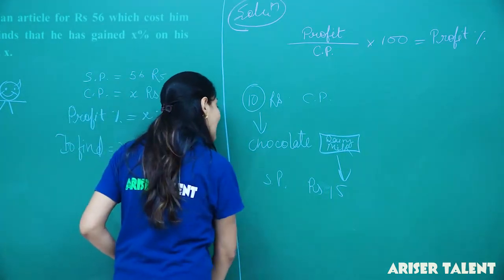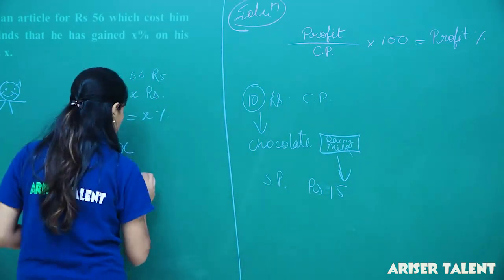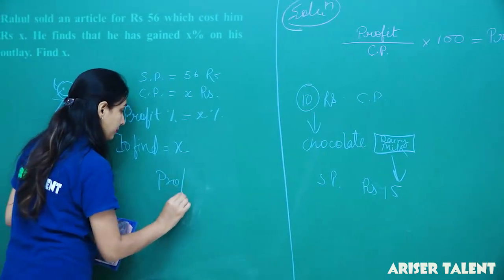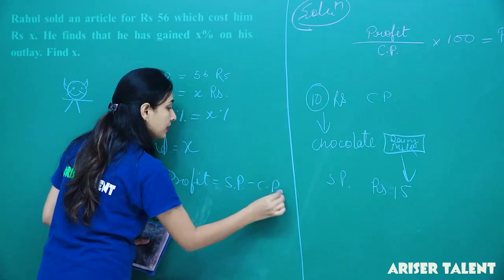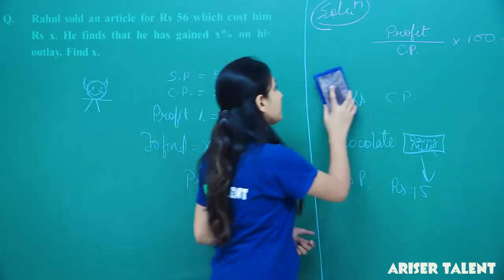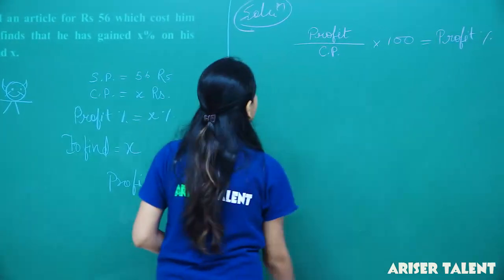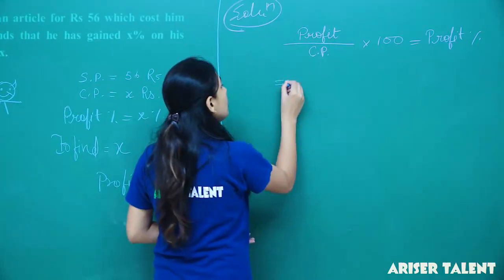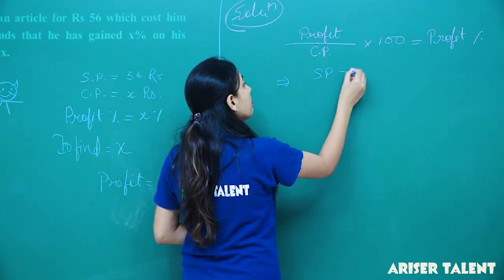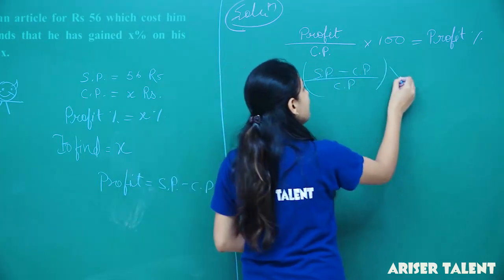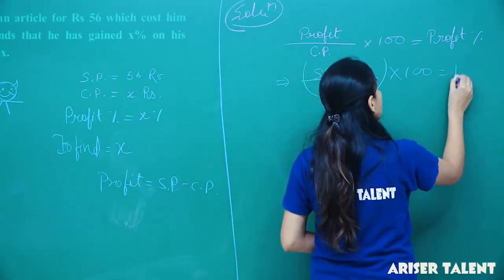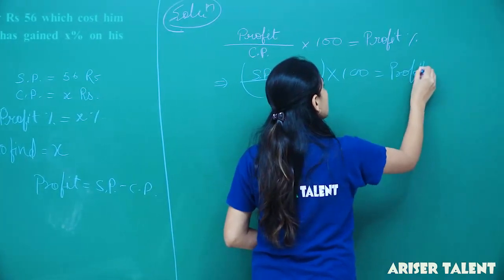So mention this: profit equals selling price minus cost price. So I can write that selling price minus cost price, upon cost price, whole multiplied by 100, equals profit percentage.